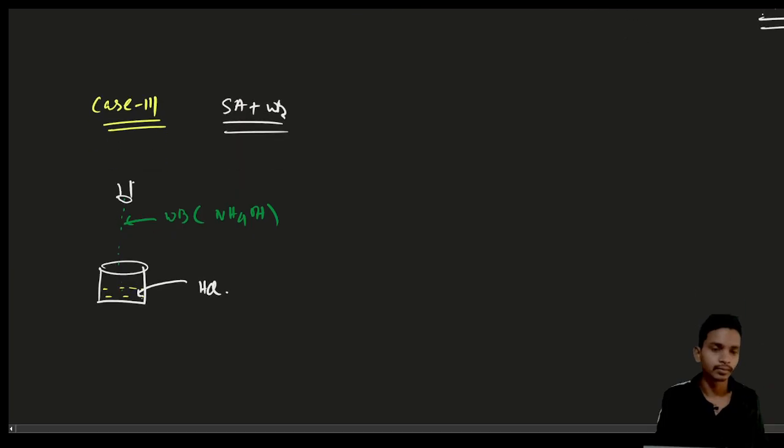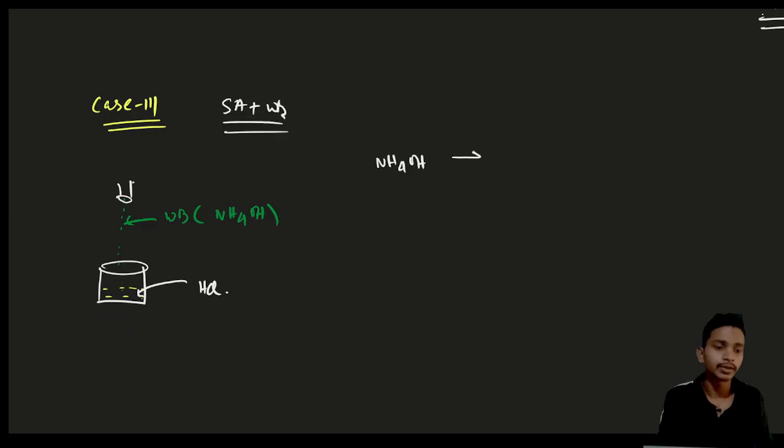So what is that? First we understand what a weak base is. This weak base is partially dissociated. So it will become NH4 plus and OH minus. When t equals 0, let's say this is 1 molar, and at equilibrium a very small amount dissociates because this is a weak base.